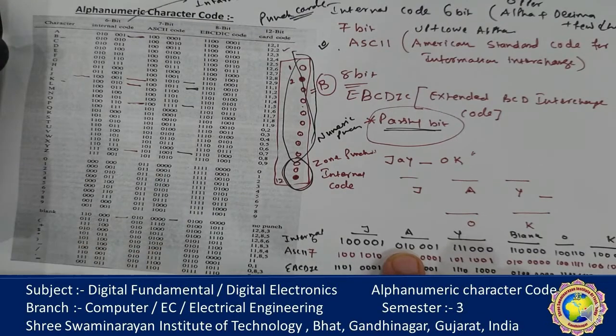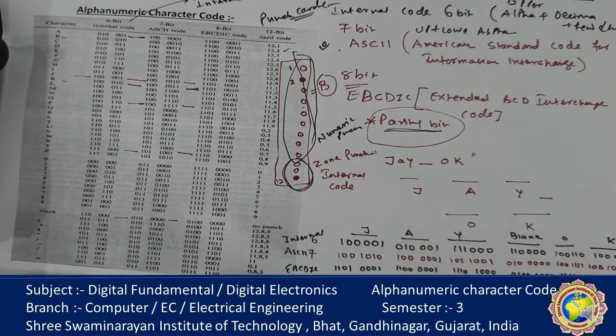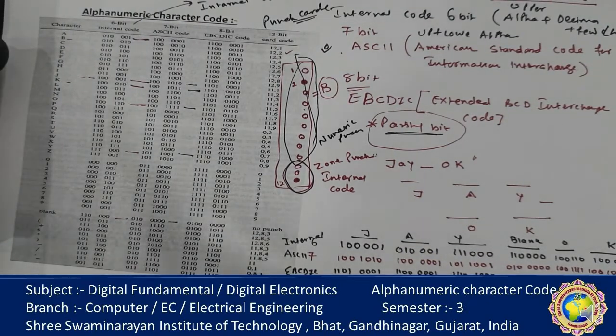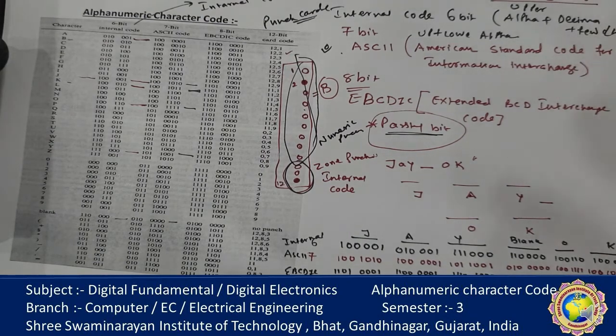If it senses 010001, the CPU understands that this is the binary combination of capital A, and we can see A displayed whenever we press a particular key. It converts into binary format, and the binary format displays the particular value on the monitor, or whatever we want to type or print in Word or any other format.